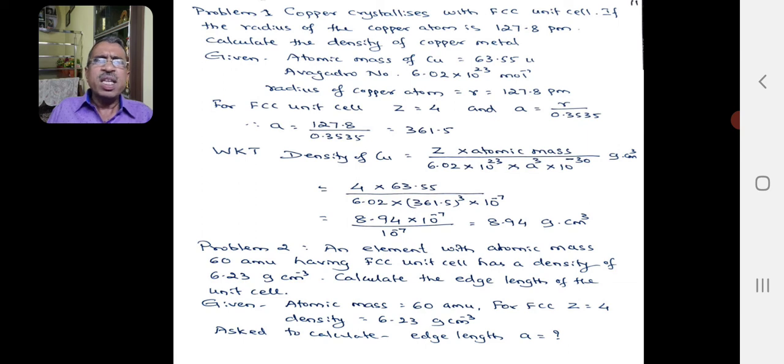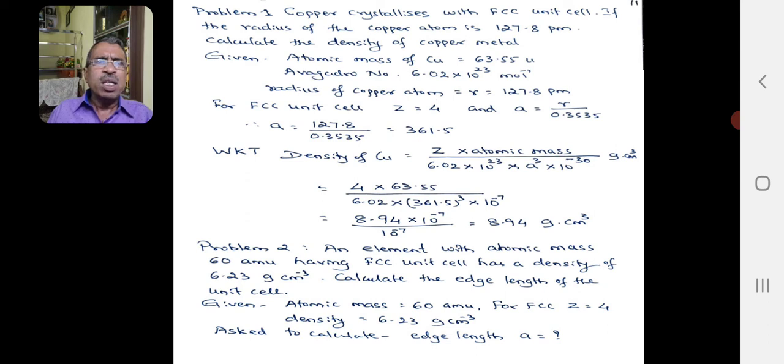For FCC unit cell, Z is equal to 4, and now a is equal to r upon 0.3535 for the FCC system. Therefore, to calculate a, the radius is given, that is 127.8 divided by 0.3535.